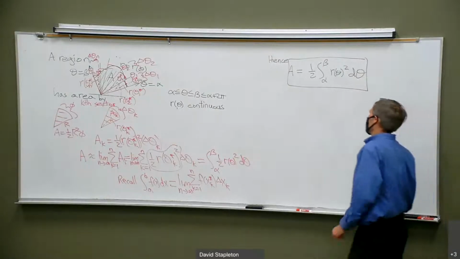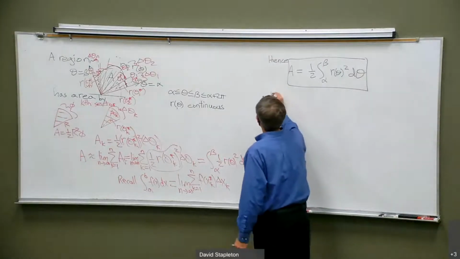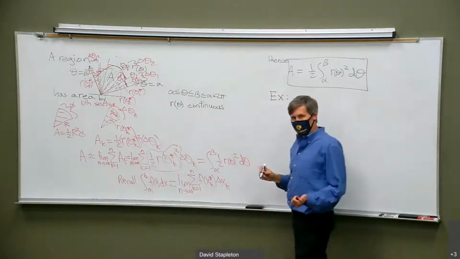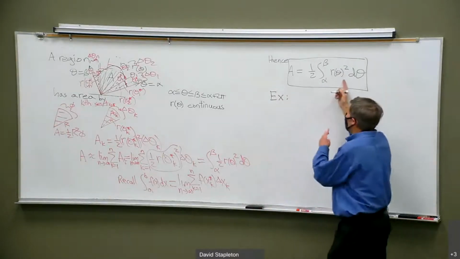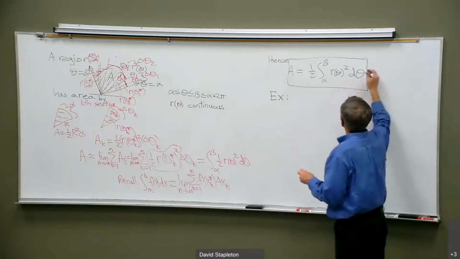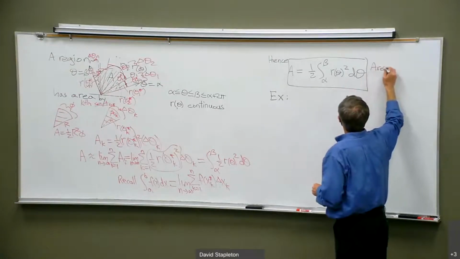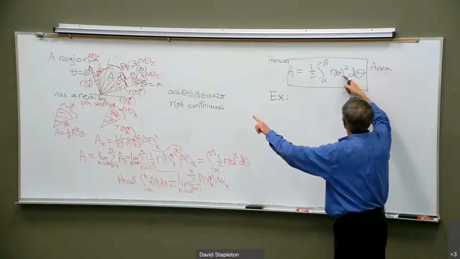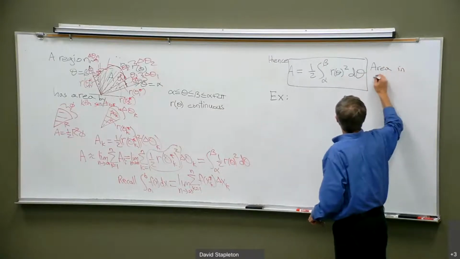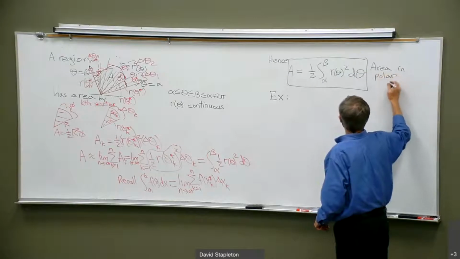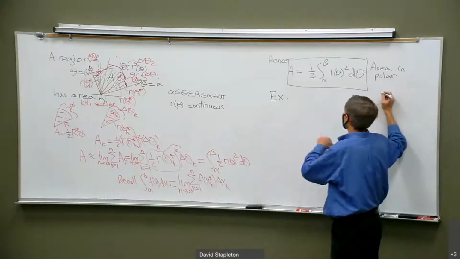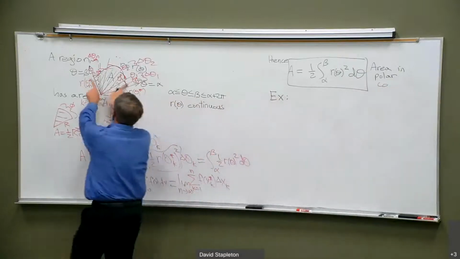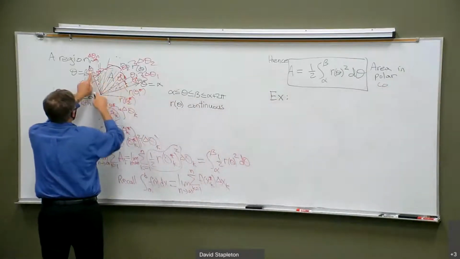Now we want to do a couple examples of that. There's a lot of neat examples in polar coordinates, but this gives you area of a region inside a curve r of theta in polar coordinates. Before, we could just do rectangular coordinates under a curve y equals f of x. Now we can do a region of this form between two angles and with an outer curve like that.